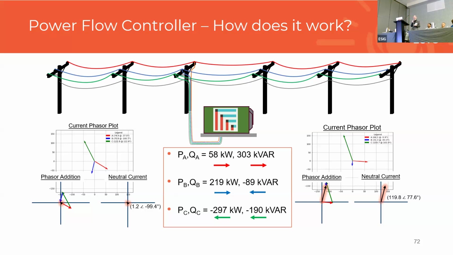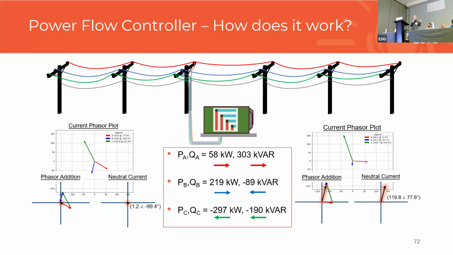Now, what the device is doing, we said that it does that zero sequence current injection in each phase. What that ends up actually looking like is power transfer between the phases. So if you had a really heavy C phase, you can see what the device is actually doing is injecting power into the C phase. A and B were both lighter. B was the lightest.